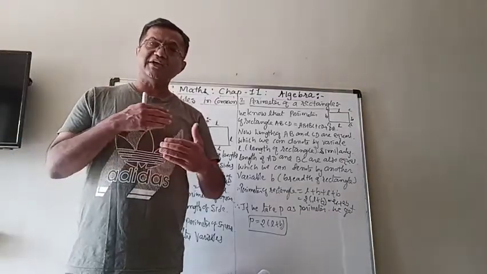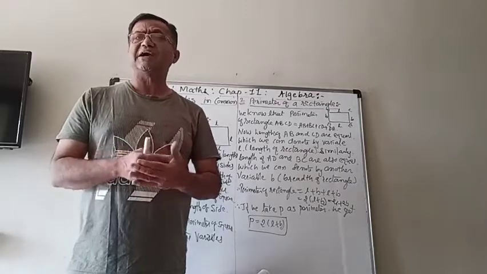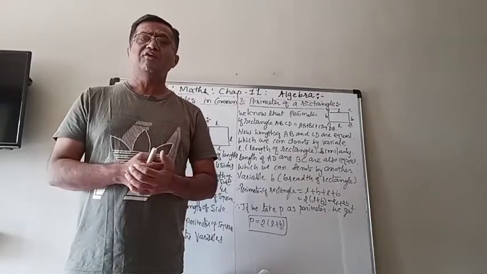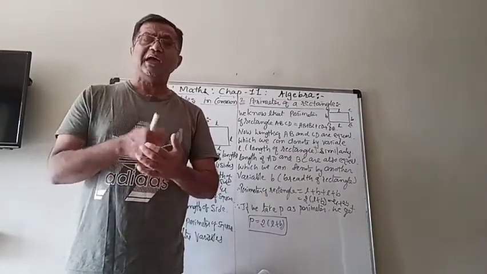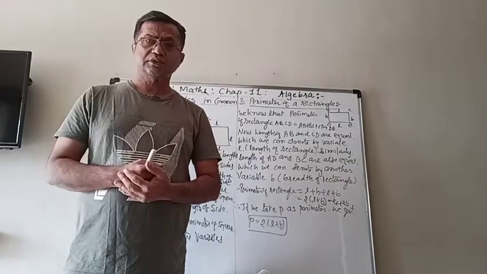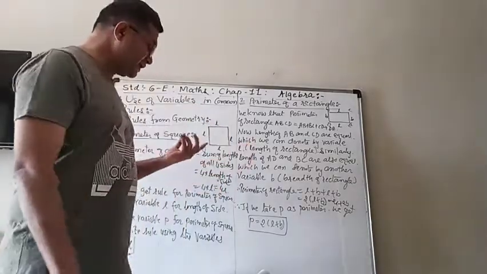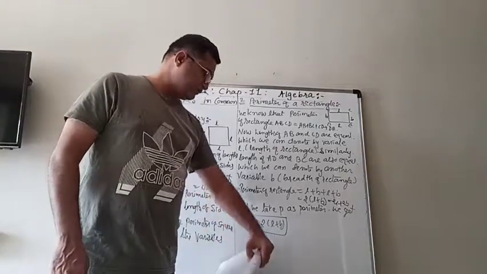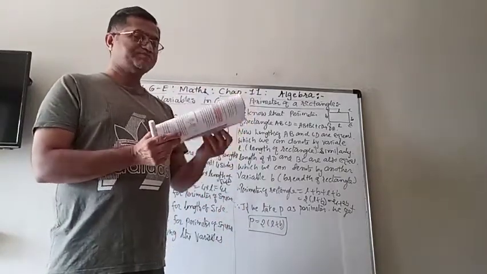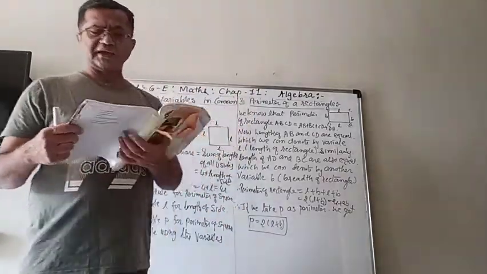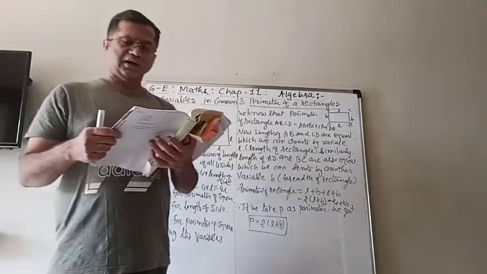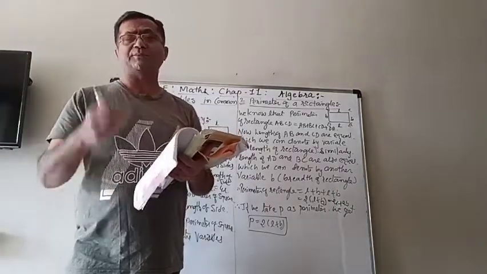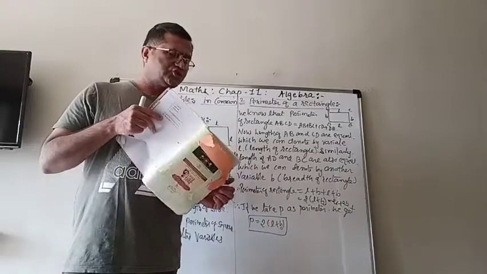So by using the variable, our task is very clear, very simple and quick. Similarly we can use it for the areas, surface area, for plane figures and so on.